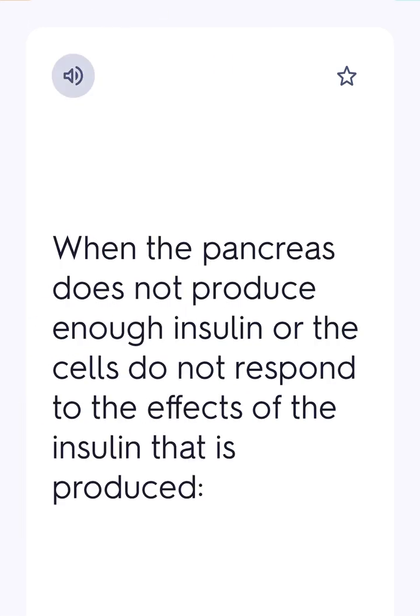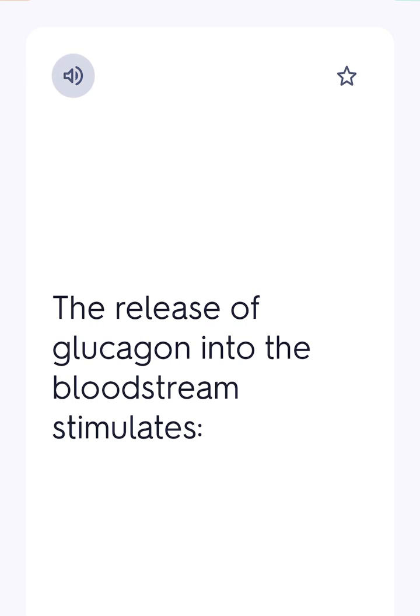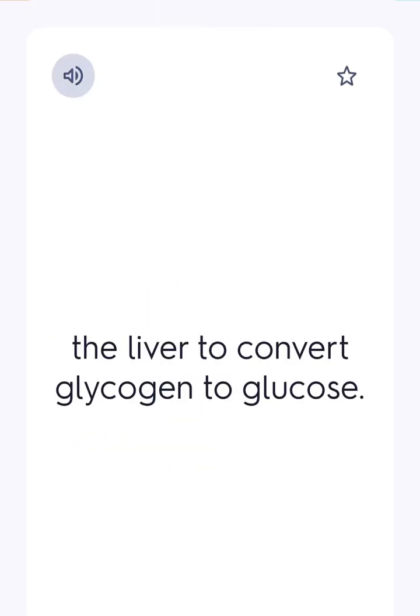When the pancreas does not produce enough insulin or the cells do not respond to the effects of the insulin that is produced, glucose levels in the blood and urine will be elevated. The release of glucagon into the bloodstream stimulates the liver to convert glycogen to glucose.